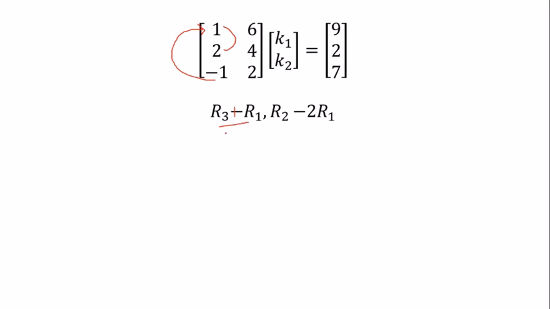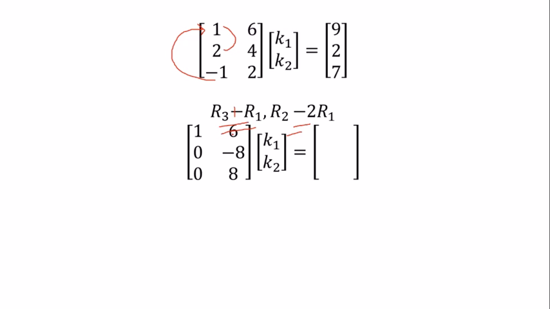If you apply this transformation, the first row stays the same. In the second row, 2 minus 2 is 0, and 4 minus 12 is minus 8. Similarly, in the third row, minus 1 plus 1 is 0, and 2 plus 6 is 8. So you got this row. Similarly, apply the same transformation on the right hand side.